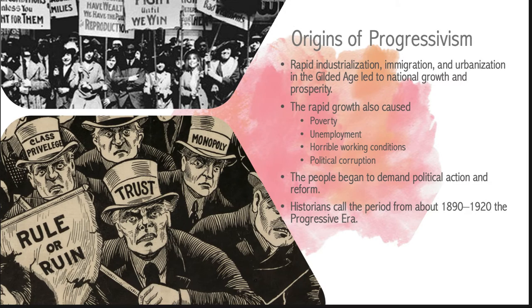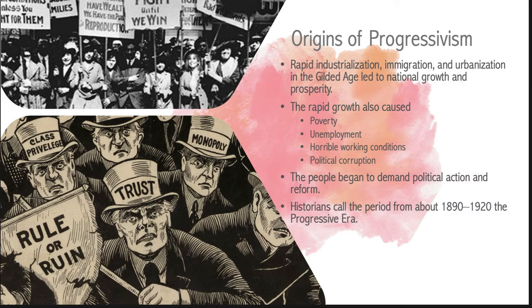So let's start with a little bit of background, the origins of progressivism. First, when we look at the Gilded Age, which we just did, we spent an entire unit on it, we saw that there was rapid industrialization. So very quickly, we saw that there were factories being built up, new products being made, and with that came an increase in immigration and urbanization, that movement of people to the cities.